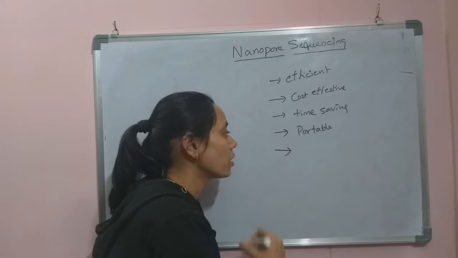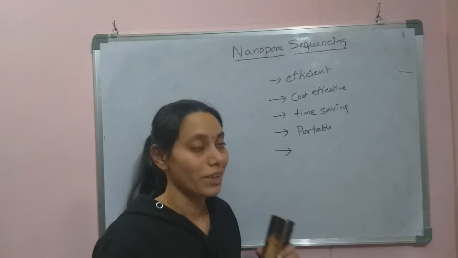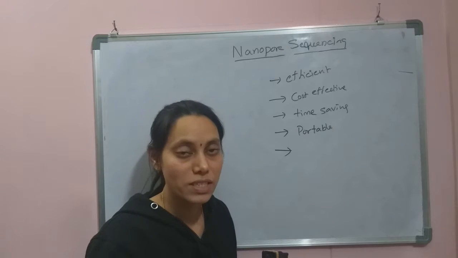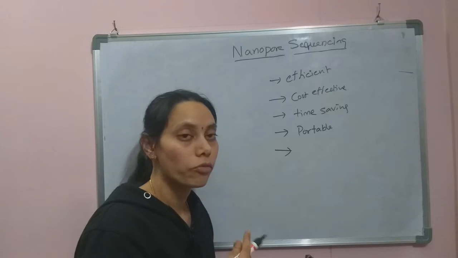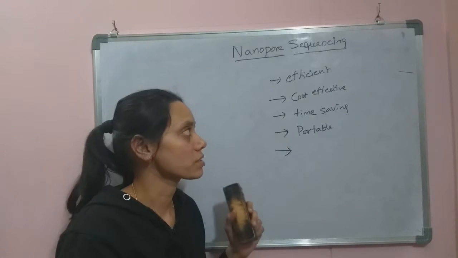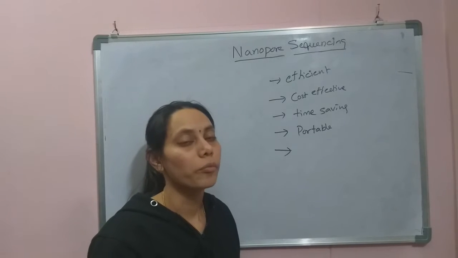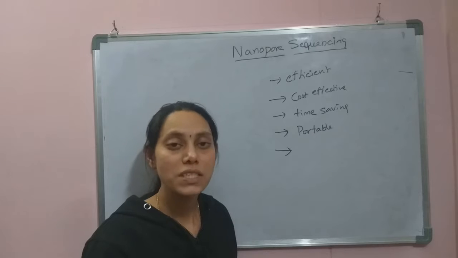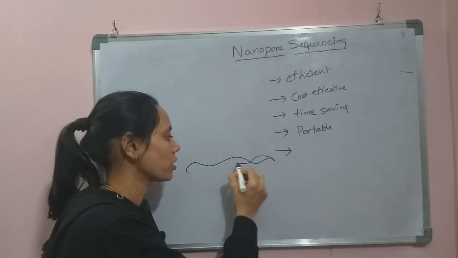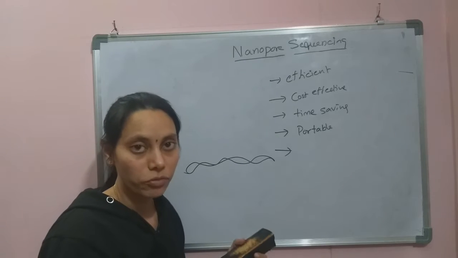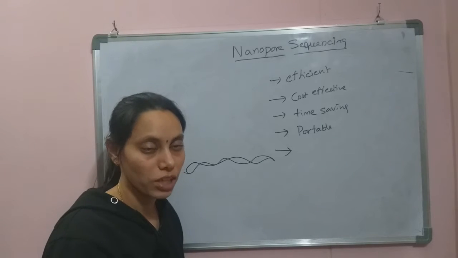And the foremost important advantage with nanopore DNA sequencing is that we need not go for clonal propagation, or PCR amplification as well. That means a genomic DNA molecule, a linear form of DNA, can be directly taken for the sequencing without any kind of modifications.